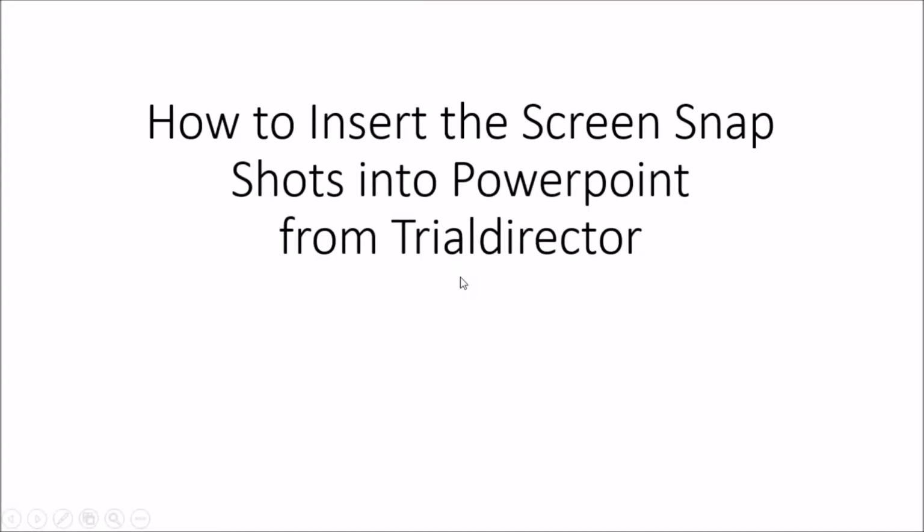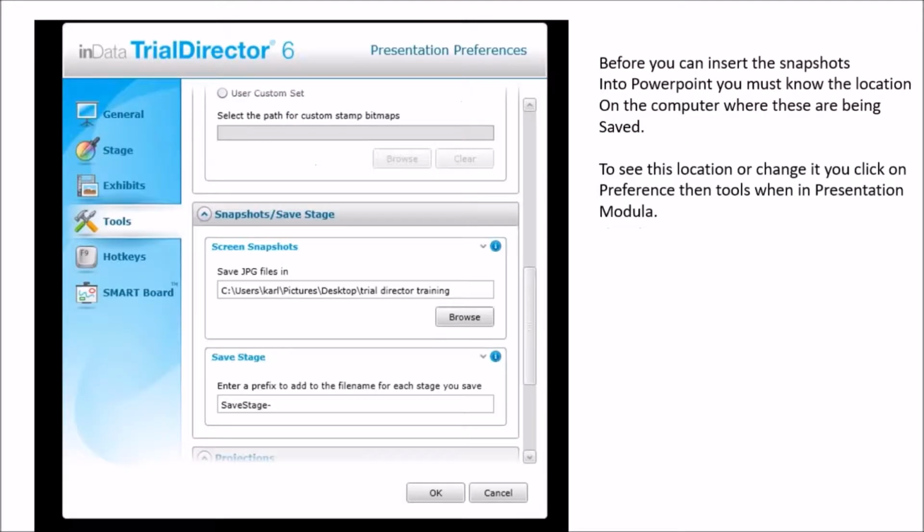Last week we did a lot of screen snaps and screenshots, and they saved themselves. But if we want to bring those snaps into PowerPoint, the first thing we have to know is where trialdirector saved those screen snaps.